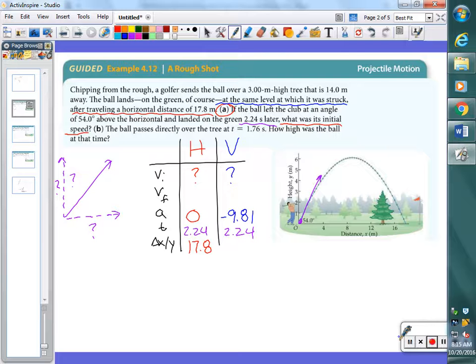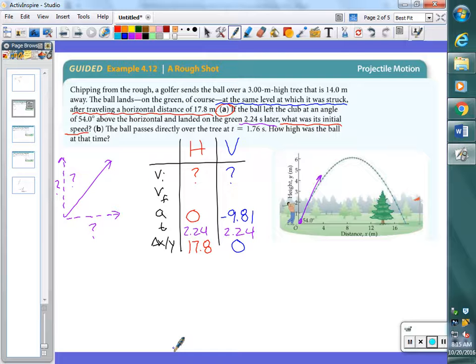Does that make sense? You okay with that? So that means that delta y is going to be 0. Yes, no, maybe. You okay with those things?